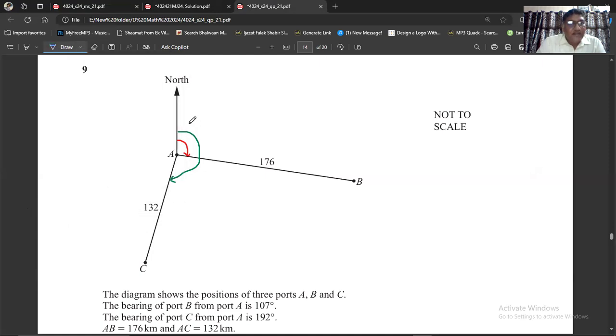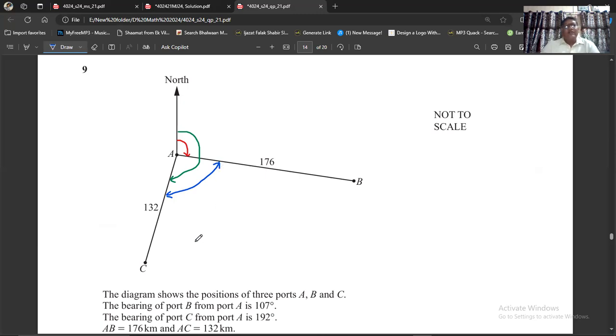If I subtract 107 from 192, I will be able to find the angle between the AC and the AB line. So that will be 192 minus 107.